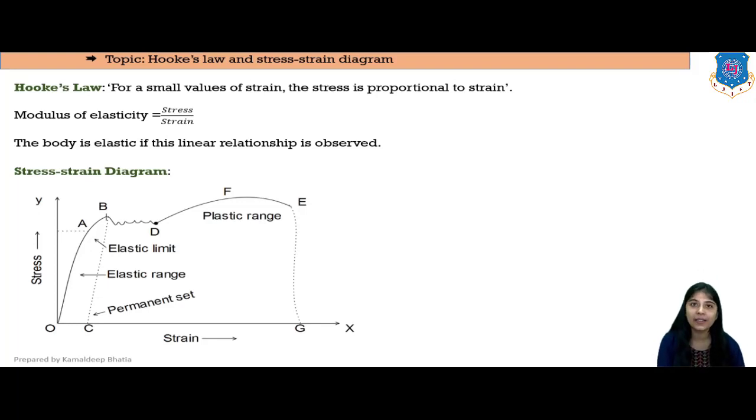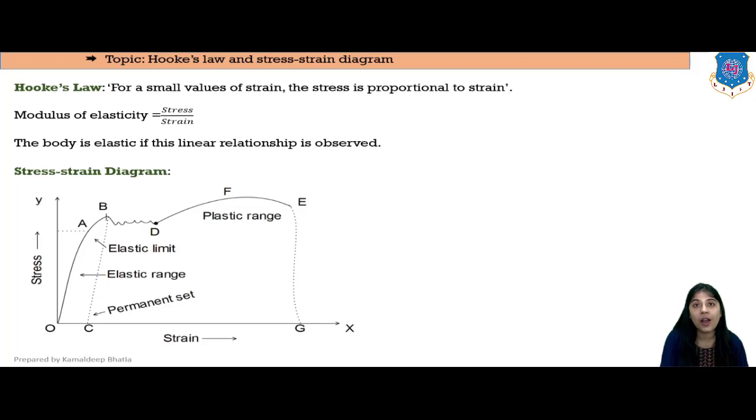So basically the relationship between stress and strain is known as the stress strain diagram. As you can see in this figure, we have shown the stress strain diagram of a bar or a wire. As shown in this figure, a linear relationship is obtained in the part OA. This curve indicates that the strain produced is directly proportional to the stress.